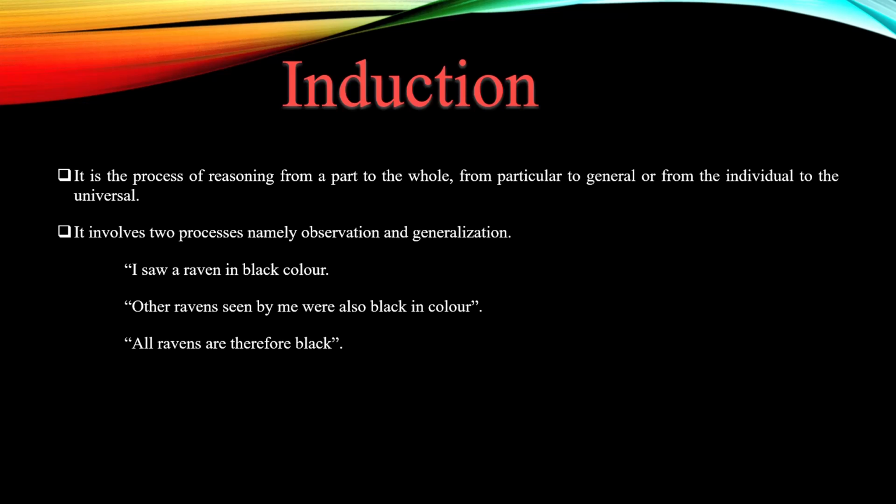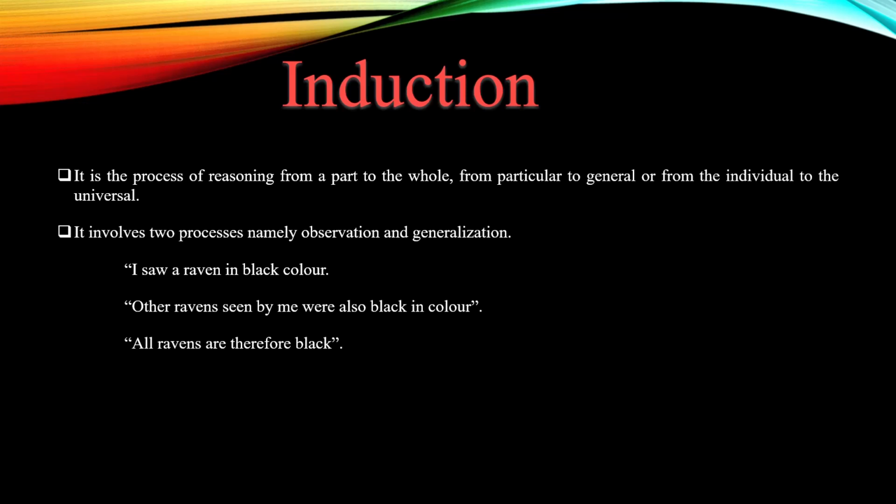Look at this example. I saw a raven in black color. The next statement, other ravens seen by me were also in black color. So I conclude that all ravens are therefore in black color. In this concept, I saw a raven in black color; we are taking from a particular concept.